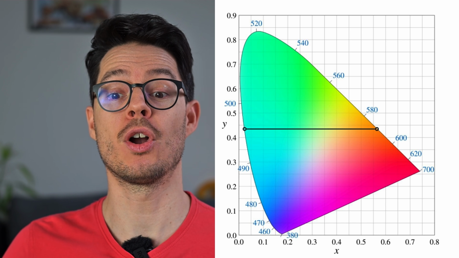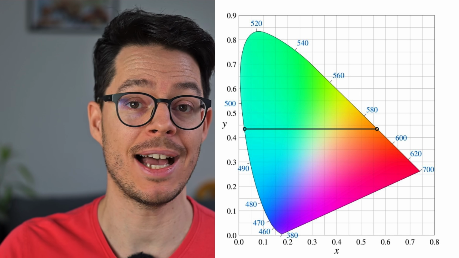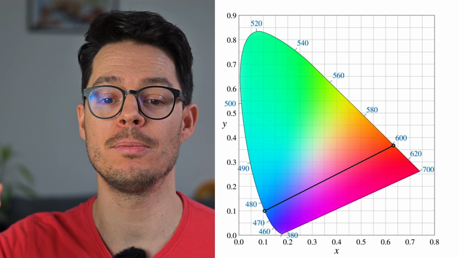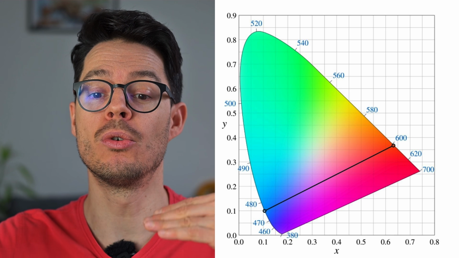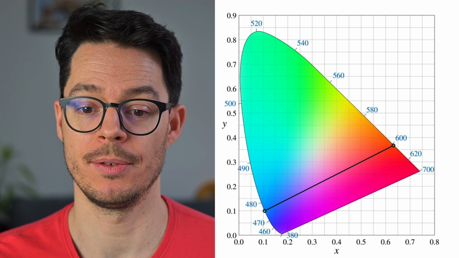Now let's ignore the fact that your monitor and screen cannot actually produce a pure 600 nanometer light, but I will get to that very shortly. On this diagram, if you connect any two points with a straight line, you can create all the colors between them by mixing the two colors in the right proportions.